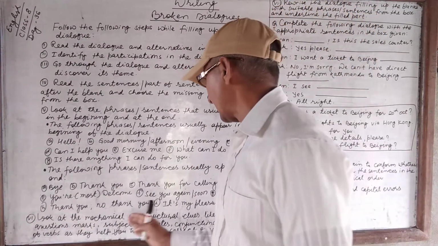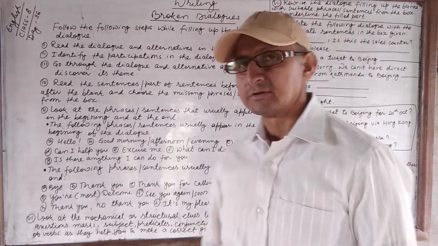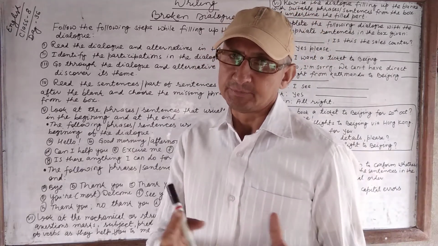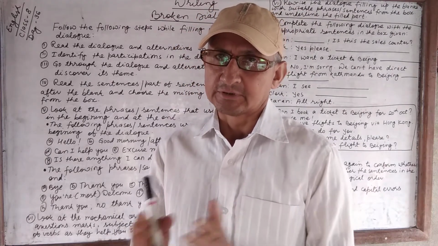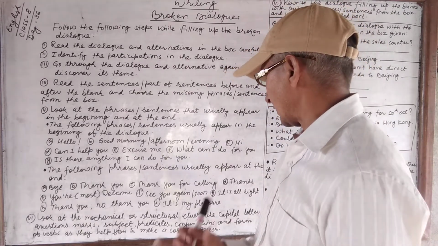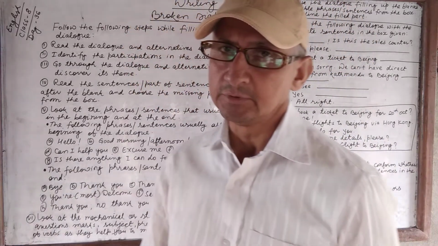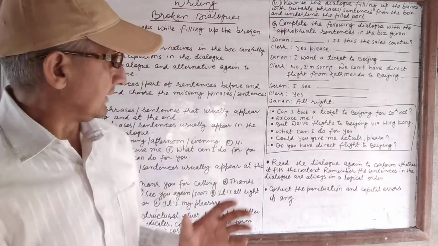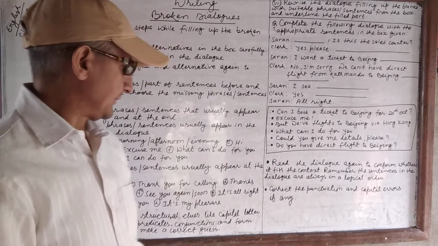If you know the mechanical and structural clues, like where the capital letter is used, where the question mark is used, the subject comes in the beginning of the sentence, after the subject there is the predicate, the conjunctions and connectors used, the form of verbs, if you know such things, you can easily guess the alternatives to fill up the gaps.